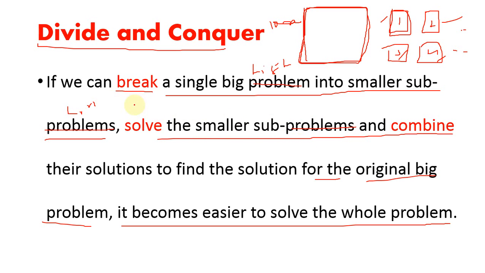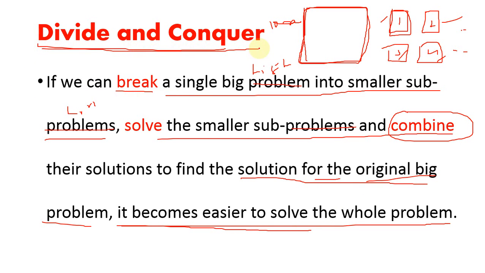A single array is going to be subdivided into multiple smaller lists, and we do the same kind of job on the smaller lists. Once you find the solution for all the individual small lists, we combine them, and that is the solution for the original big problem. This is nothing but the divide and conquer method.